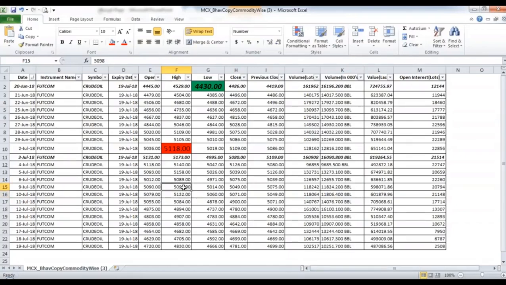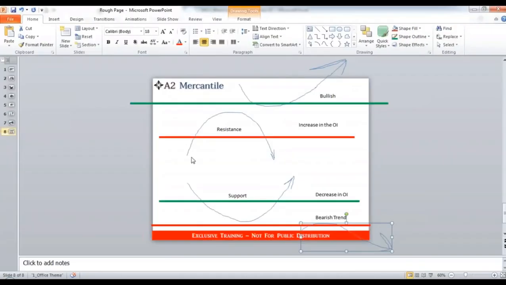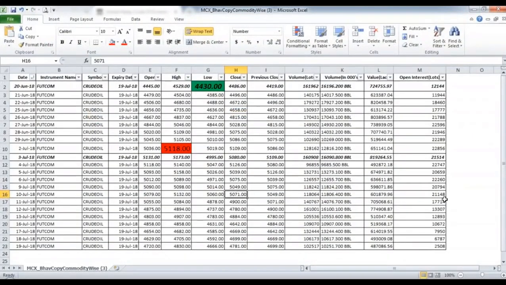The high is higher, and the close is lower than the high of yesterday. Yes, sir. Resistance. Okay, and the open interest has increased more, correct? So the interest is more.